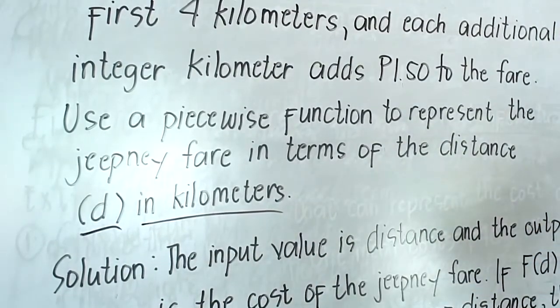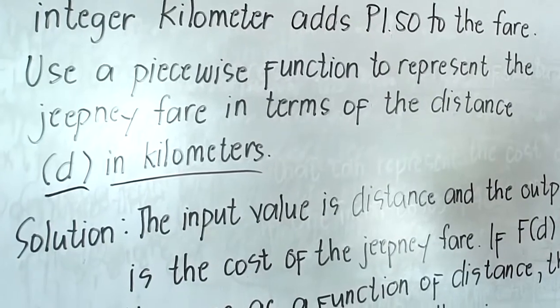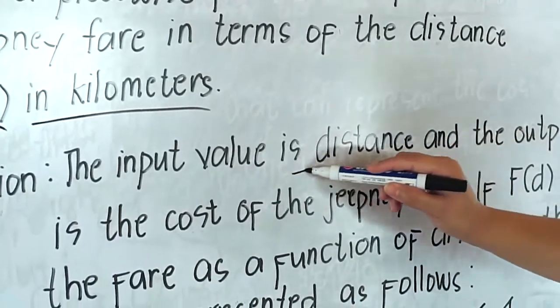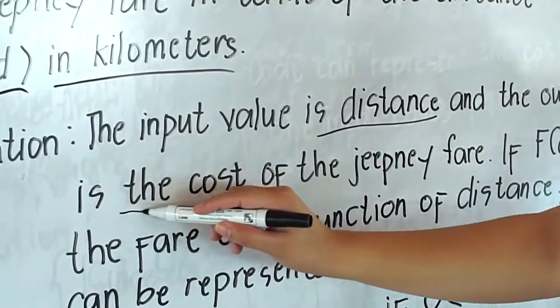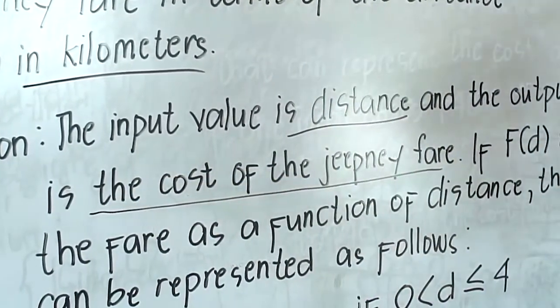So in the solution, we input the distance and the output is the cost of the jeepney fare.